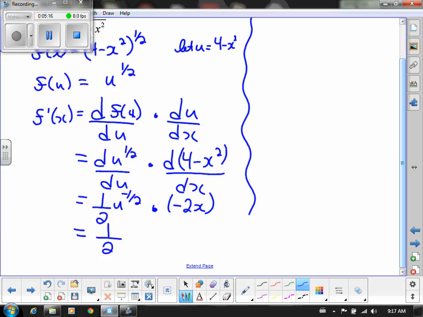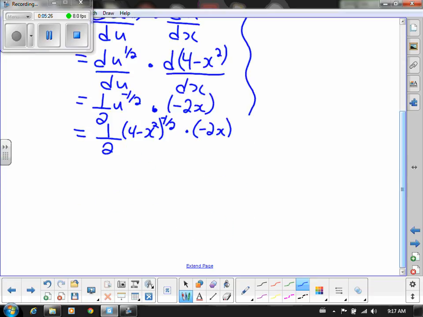So this is really half times (4 minus x squared) to the negative 1/2 multiplied by negative 2x. So now when I simplify this, when I multiply half and the negative 2x, I'm left with negative x. So this is negative x over the square root of 4 minus x squared.